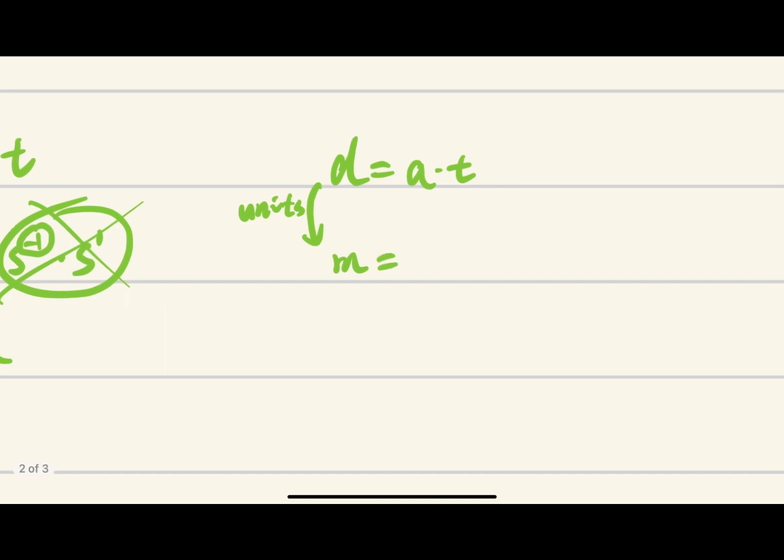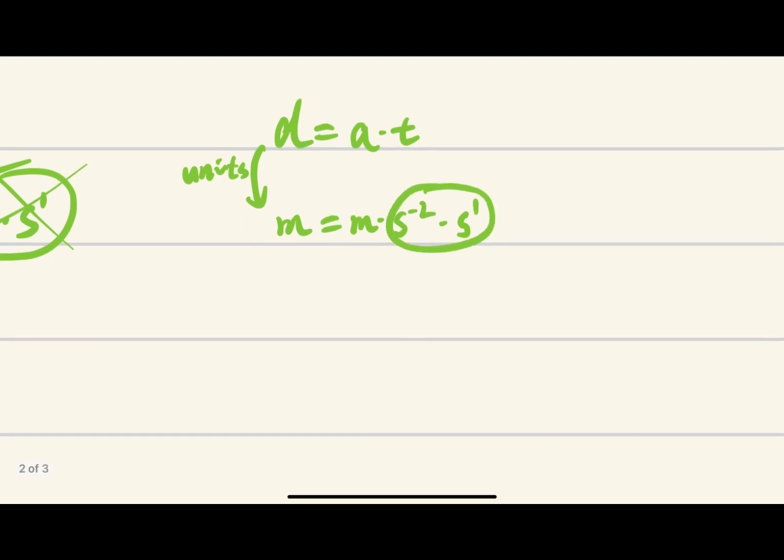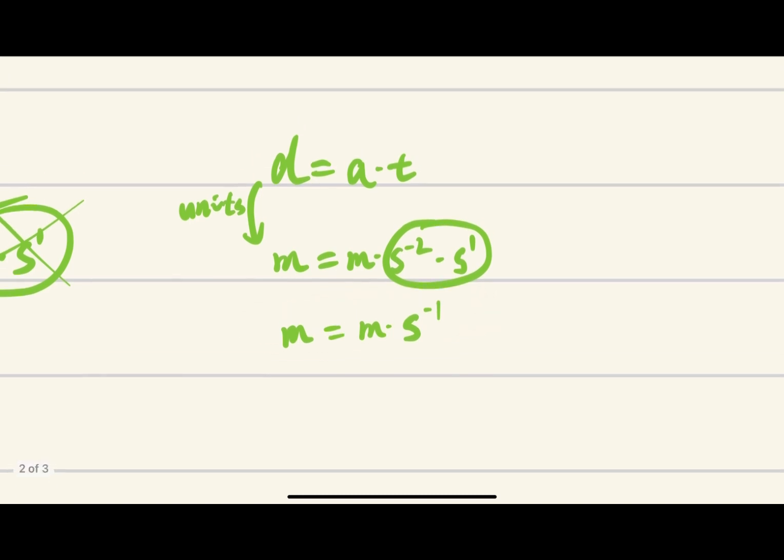On the other side, acceleration is meters per second squared, times seconds, the unit for time. Using our exponents rule, on the left side it is still meters, and on the right side it is meters times seconds to the power of -1. The units on both sides don't match, which means this equation is definitely wrong. This is a false equation.